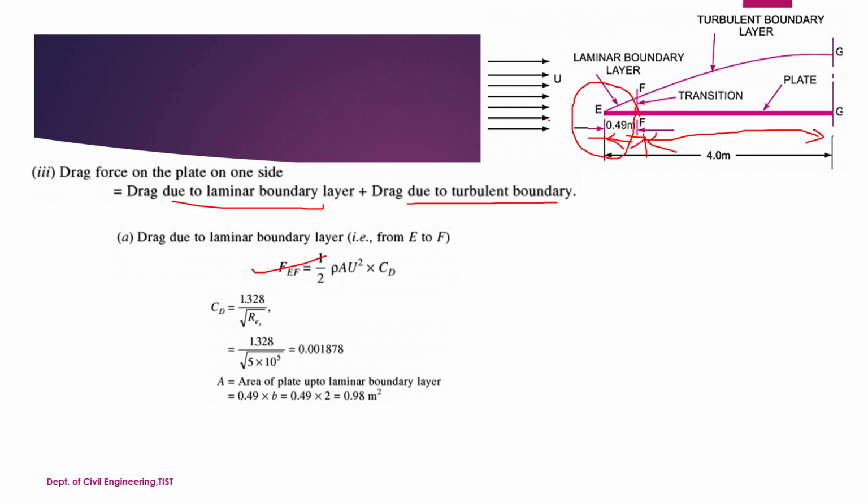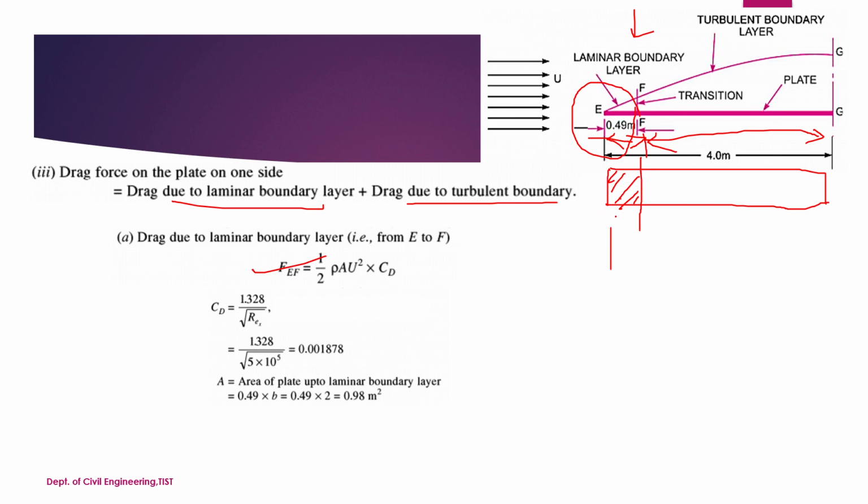When you take the area, let me draw the plan of this plate. When you look from the top view, it will be like this. Till this section you have laminar boundary layer, so we are taking this area for finding laminar boundary layer drag force.